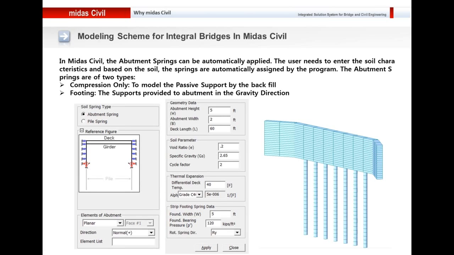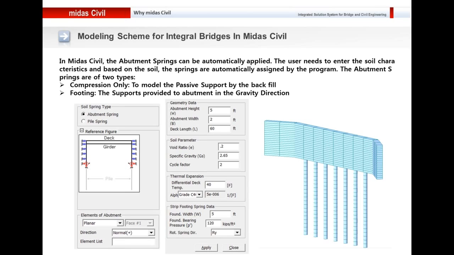Now let us study how we model these kind of springs in Midas Civil. Now I have told you how you can model the springs to perform analysis on piles and abutment, but the real question now is what spring constant should be used.